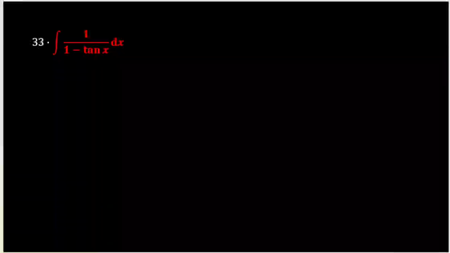Next problem, this is given as 1 by 1 minus tan x. This is also changed into sin x and cos x terms. So solution, first we change to sin and cos terms.